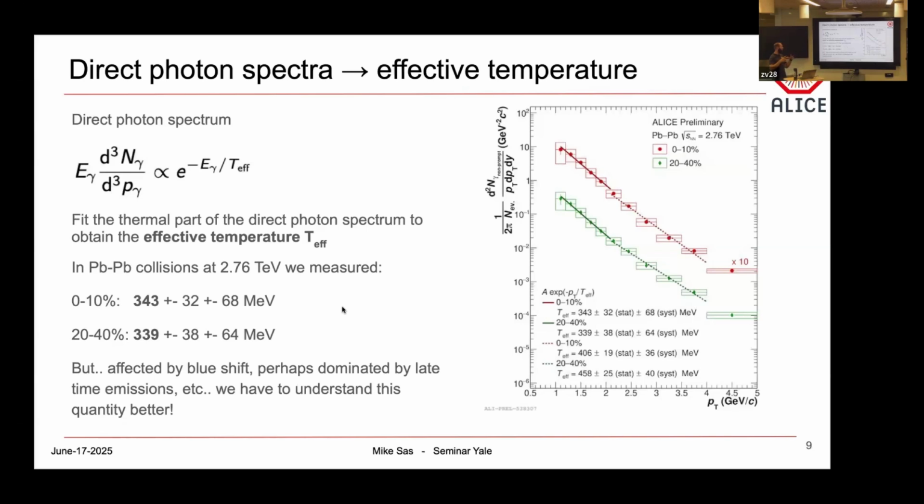You get this blue shift, and the energy gets shifted higher, and this is completely giving a shift to your spectrum. So if you measure a temperature, it was not really the temperature. And then it becomes very model dependent to unfold that. So it's not really a model independent way to say what the temperature of the QGP is. So real photons are unfortunately affected by blue shift, and this is creating a difficulty.